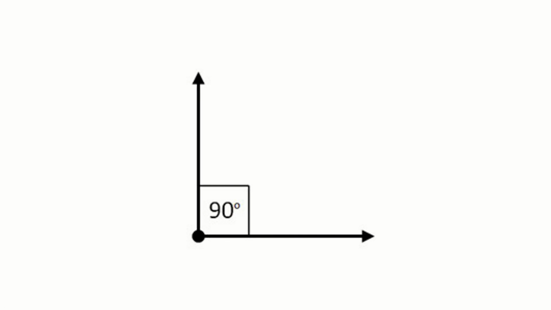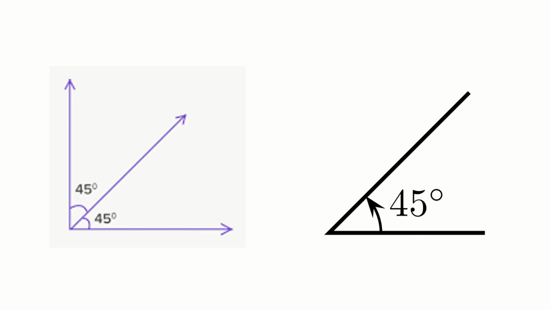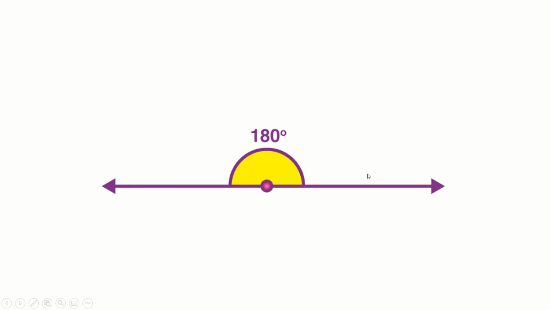And of course, if we try to show an angle which is half of it, half an L, that's half of 90, so 45. Then, if you see a straight line, the angle measurement is actually 180 degrees.